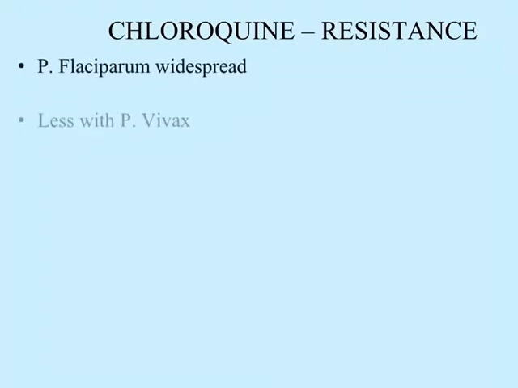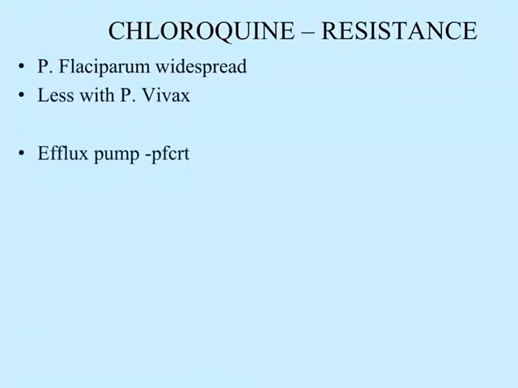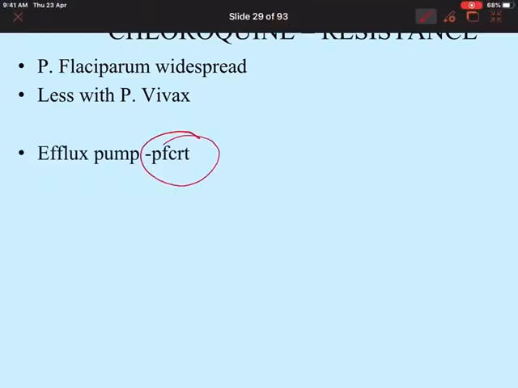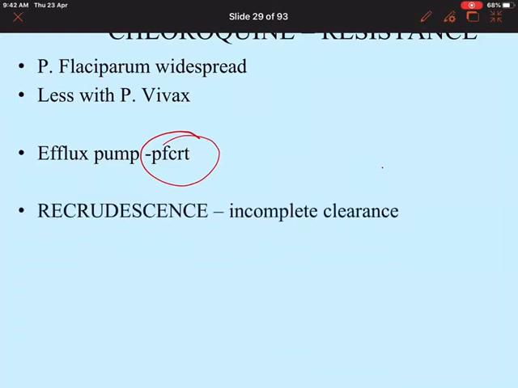Chloroquine resistance is widespread, basically because of the efflux pump PfCRT. It is pretty much widespread with falciparum. In India, more than 80 to 90% of Plasmodium falciparum species are resistant to chloroquine. For vivax, it's between 40 to 50%.